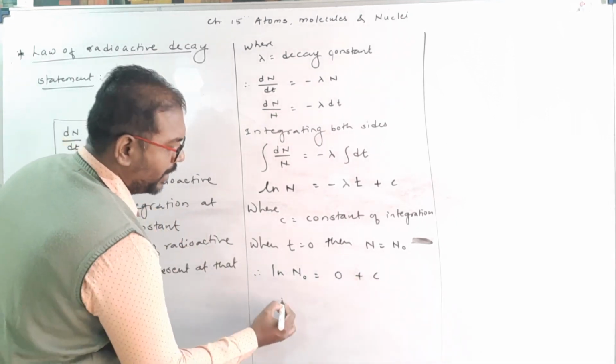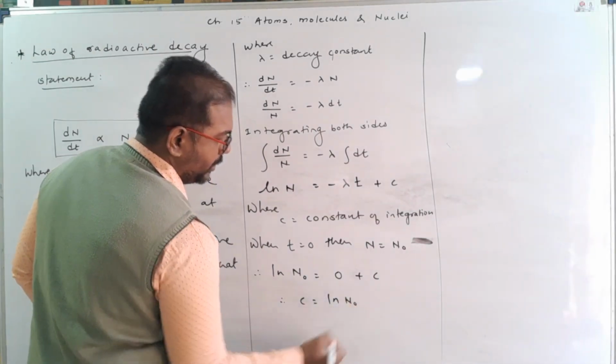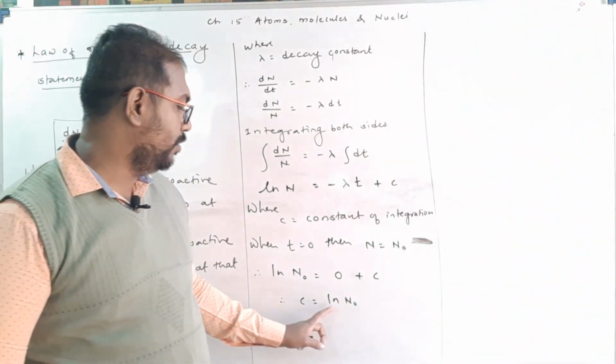So we get the value of c: c is equal to log of N0.